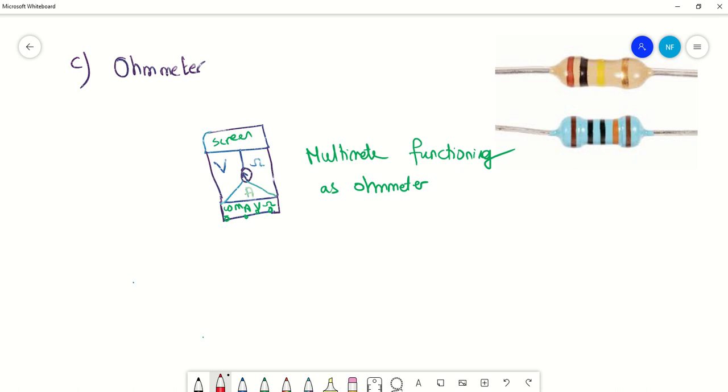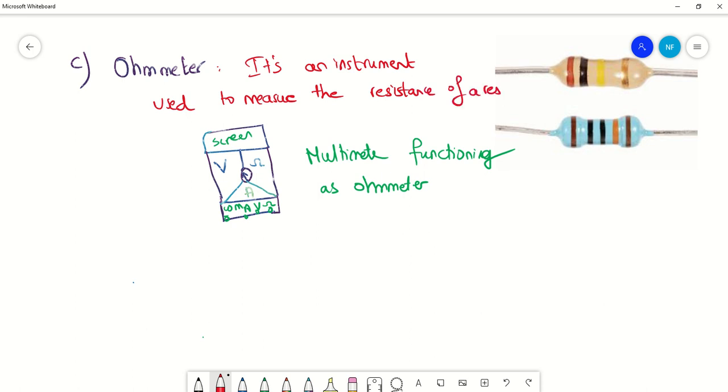So the ohm meter is an instrument which is used to measure the resistance of a resistor. That's good.